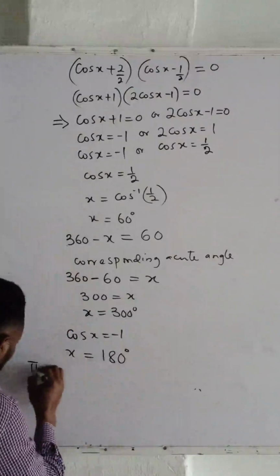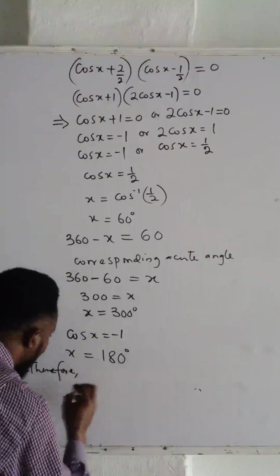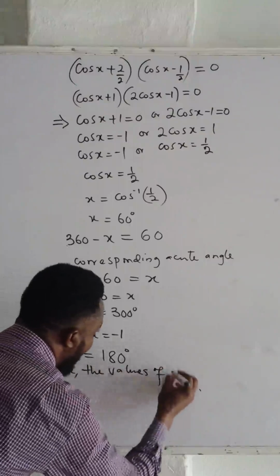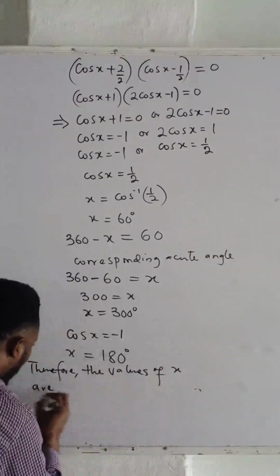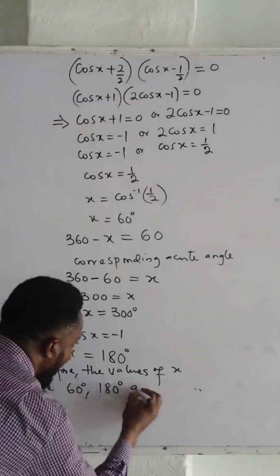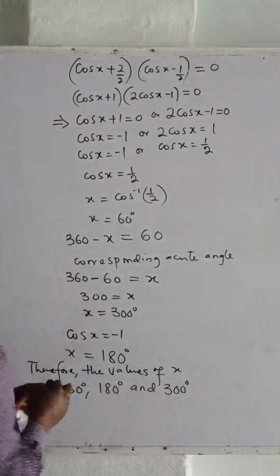So therefore, we can say that the values of x are 60 degrees, 180 degrees, and 300 degrees.